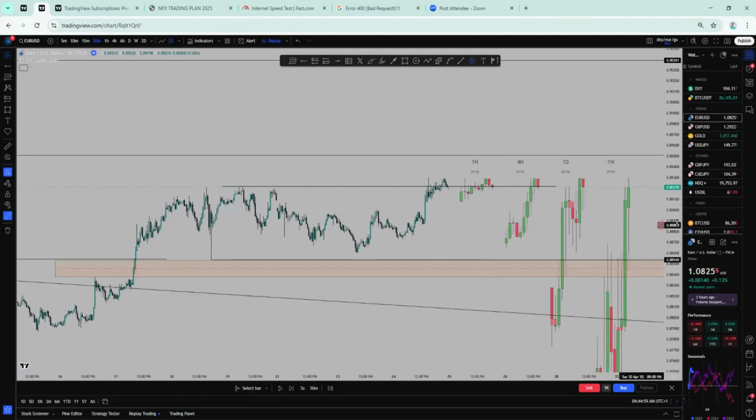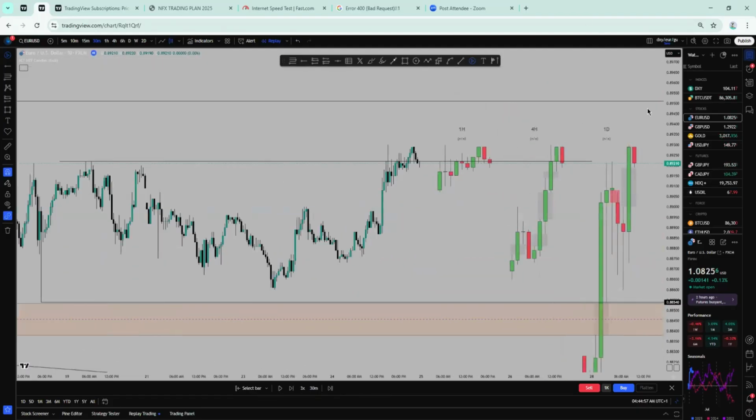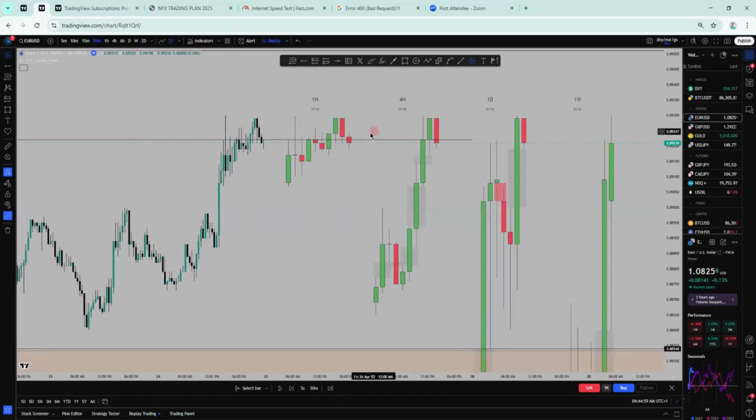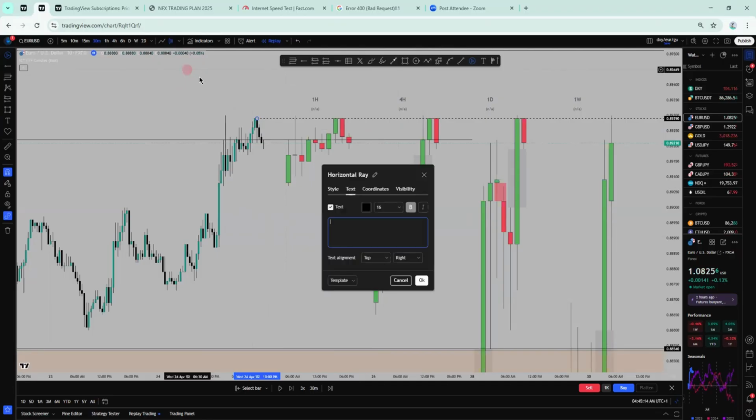All right, so which definitely means that from the opening of the next candle, we just want to see price trade below the opening price. All right, so we have the opening price here, and let me use this line, let me put it like this, and then we put something like opening price.